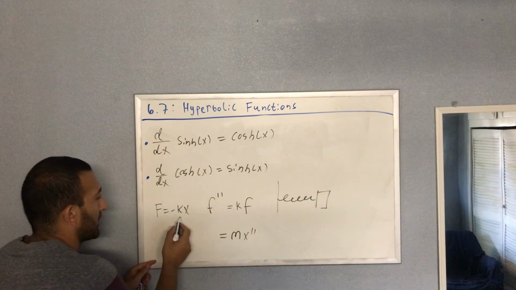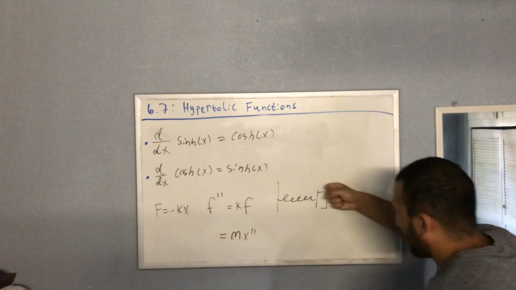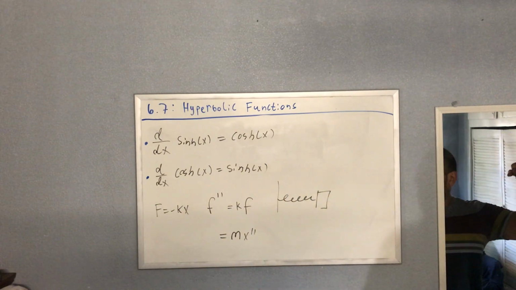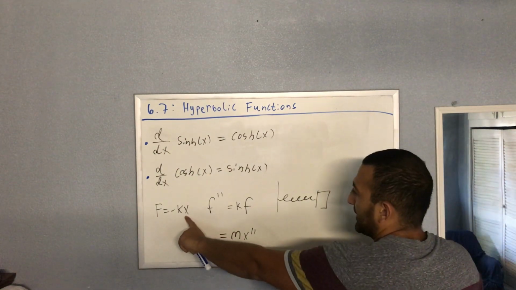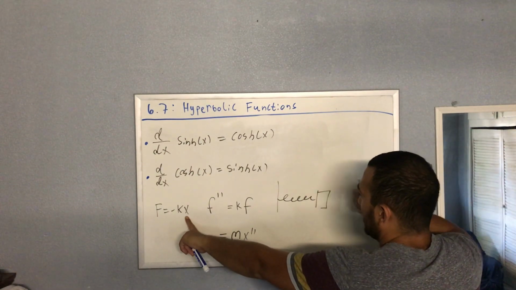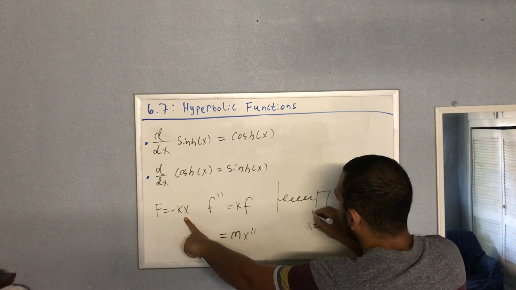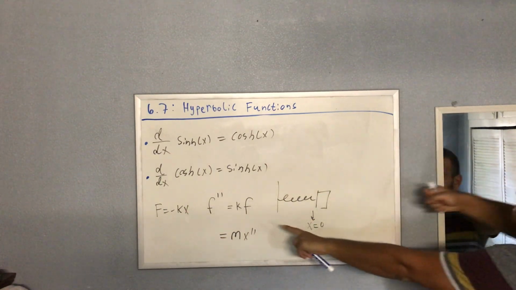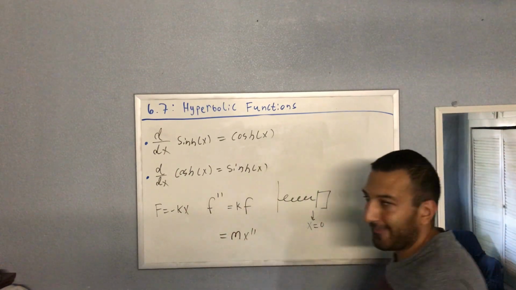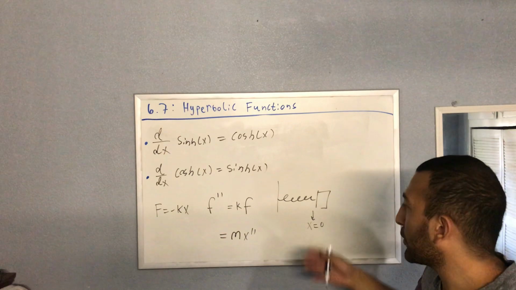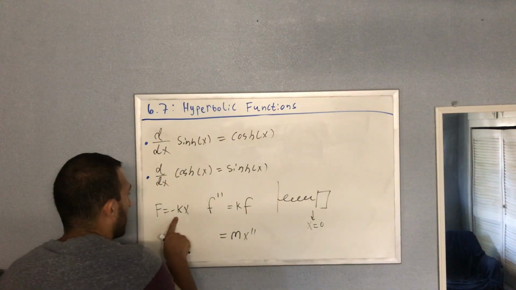Sorry, not the acceleration, the position. So the more you pull this to the right, the larger the negative force should be. See this x, the larger x gets, the position of this. This right here is x equals 0. So this is x is 0 right now. But if you pull this more and more, the force going in the opposite way is proportional to how much you're pulling it. And this k here is called the spring constant.